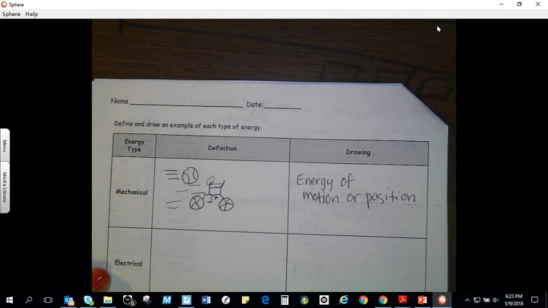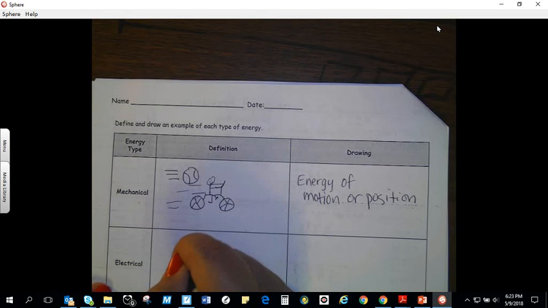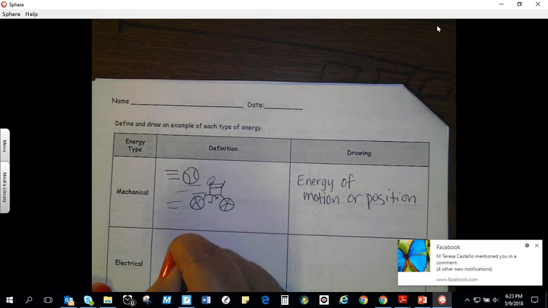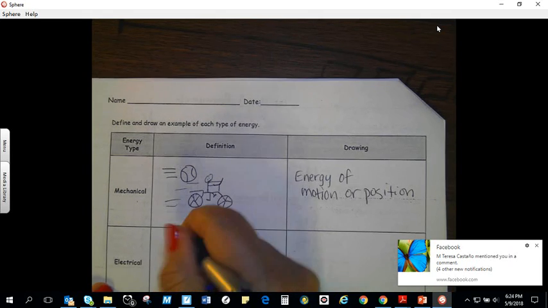So now let's move over to electrical energy. And so electrical is going to be a power outlet. So if I can draw a cord, okay, I'm going to try to do my best. You guys are better artists than I am. And then I'm going to show the prongs.